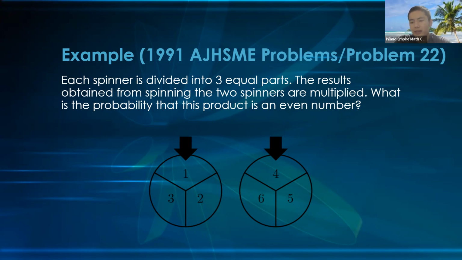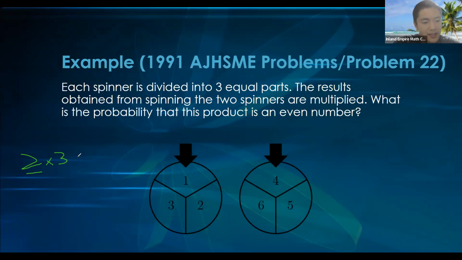Let's say that we're going to directly calculate this probability. I'm not going to lie, it's going to be pretty difficult, because in order for a product of 2 numbers to be an even number, either one of them can be even, right? For example, if I have 2 times 3, one of them is even, but the answer is even.